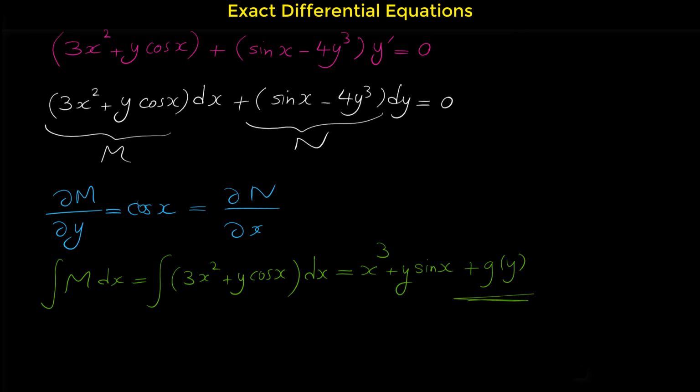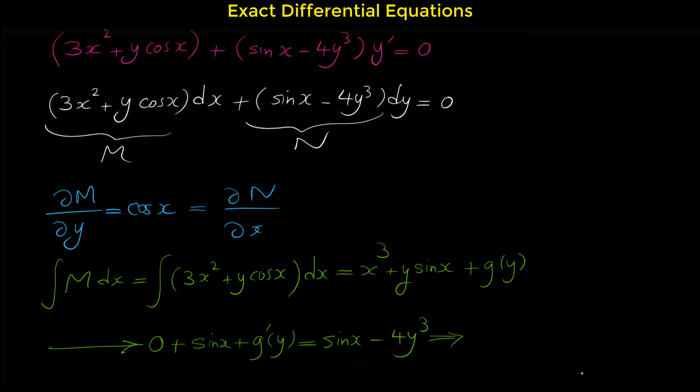For finding g, again we have to take the derivative of this with respect to y. Derivative of x^3 with respect to y is 0. Derivative of y sin x with respect to y is sin x, because derivative of y is 1, and we have 1 sin x plus g'(y). And this should equal N, which is sin x minus 4y^3.